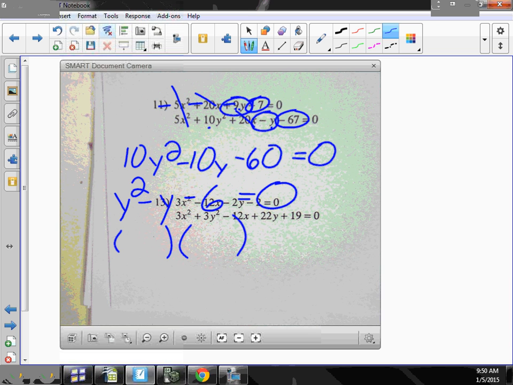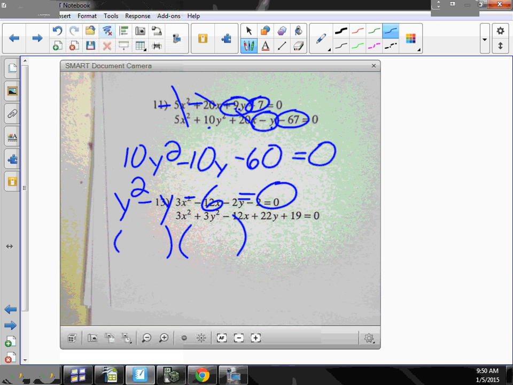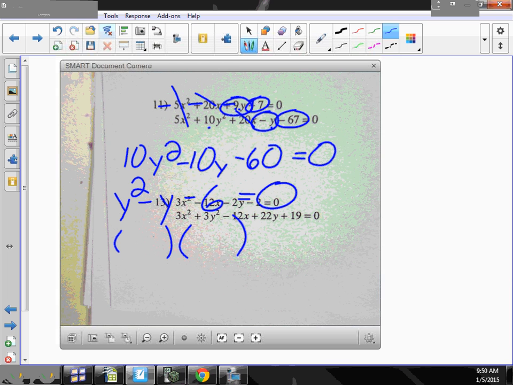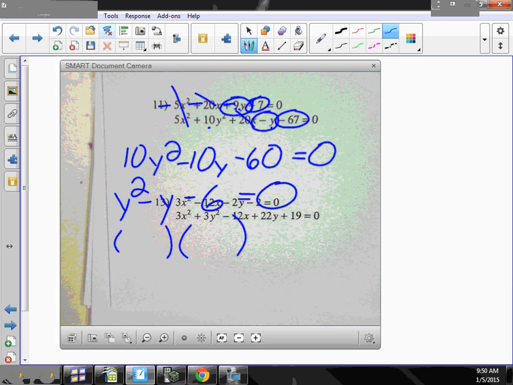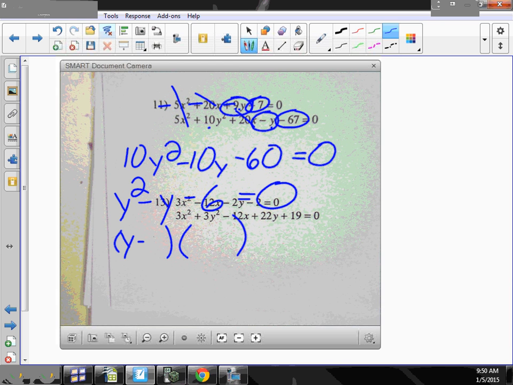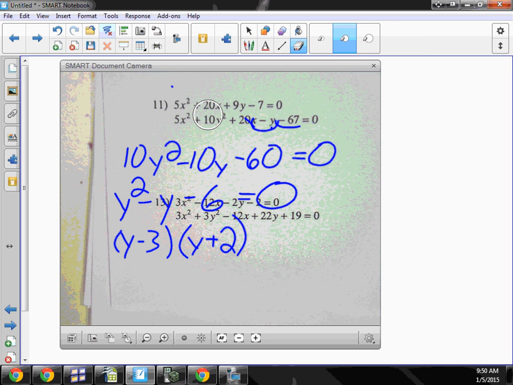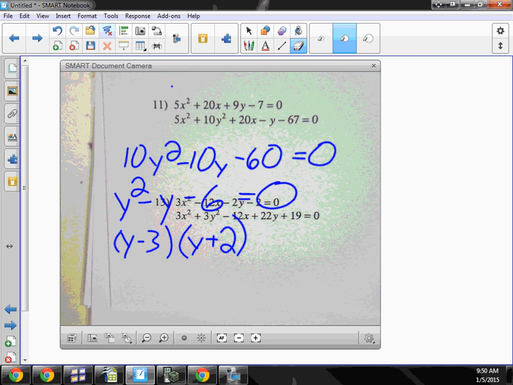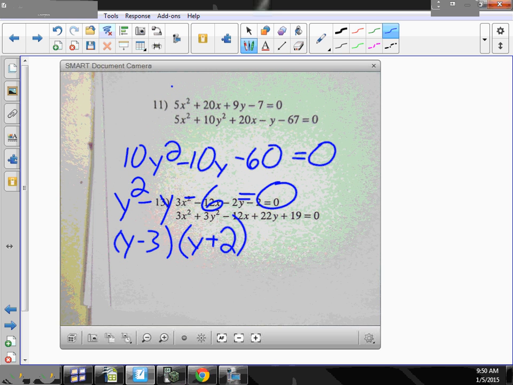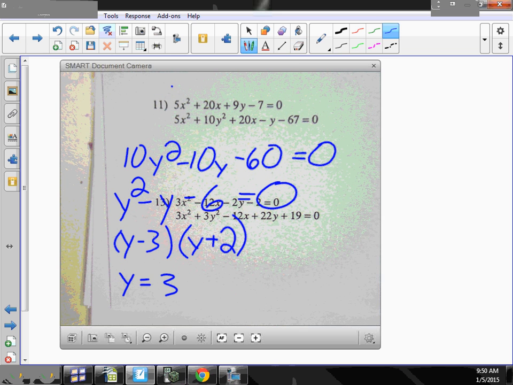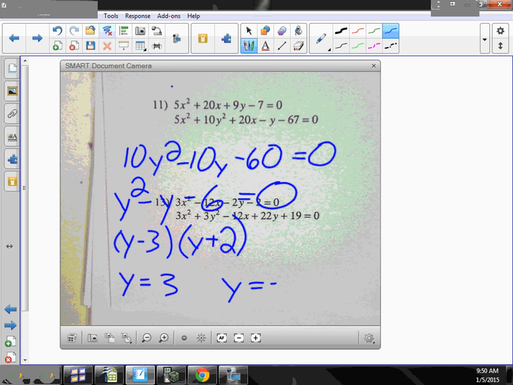Are there factors of negative 6 that add to be negative 1? So 3, y minus 3, and y plus 2. Okay. So my roots are y equals 3 and y equals negative 2.